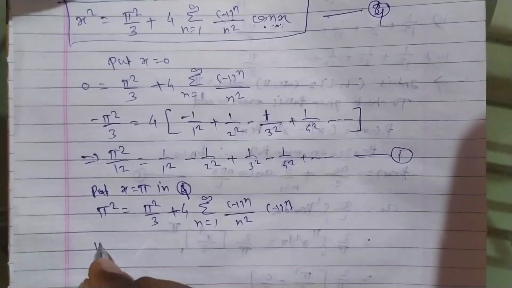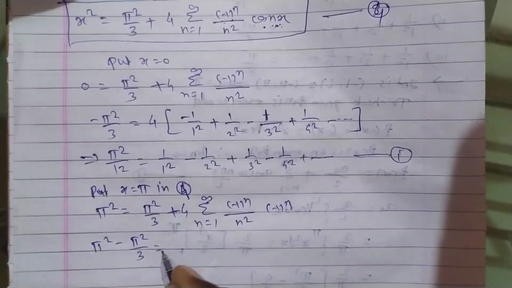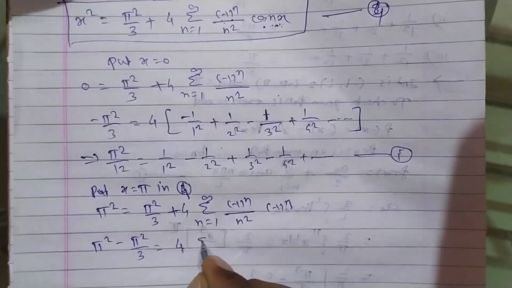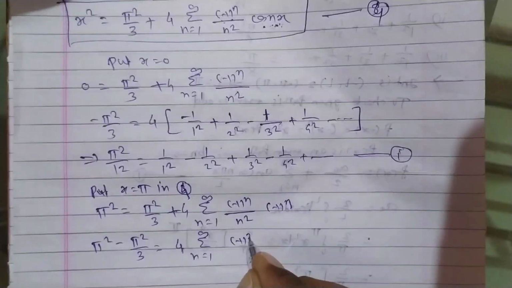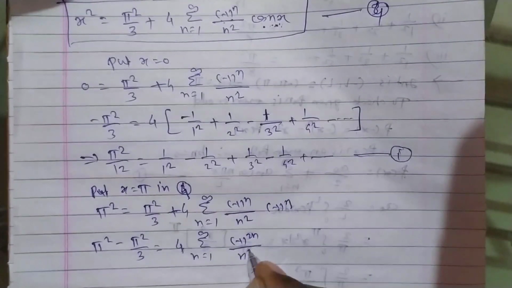So this can be written as pi square minus pi square by 3 is equal to 4 times summation of n varies from 1 to infinity minus 1 raised to 2n upon n square. Base is same, so n plus n is 2n.